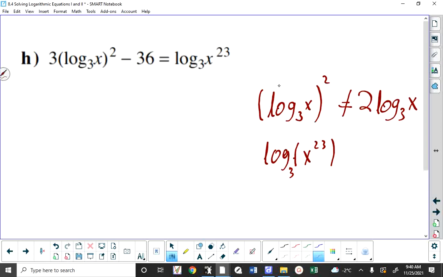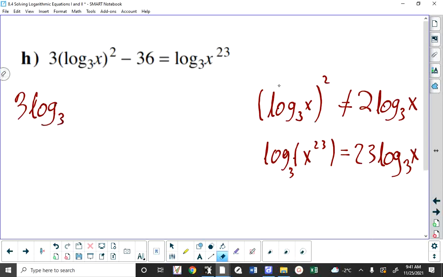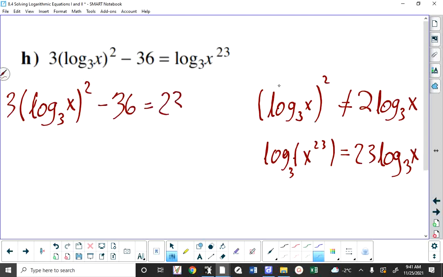But you can bring this exponent down in front and write 2 log base 3 of x. So when we do that, you're going to have 3 log base 3 of x quantity squared, we have minus 36, and then we're going to have equals 23 log base 3 of x.